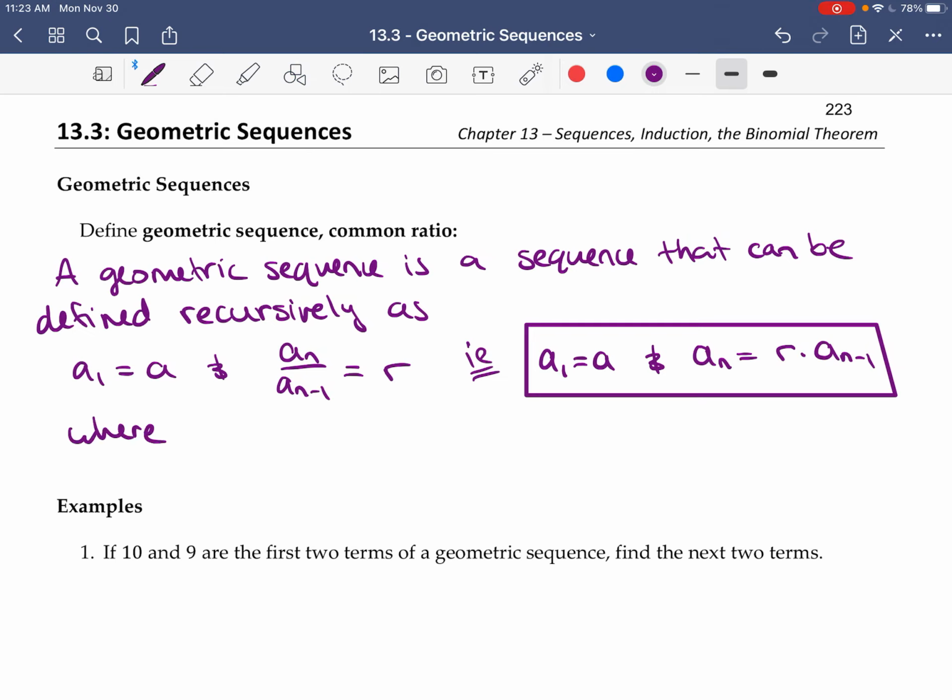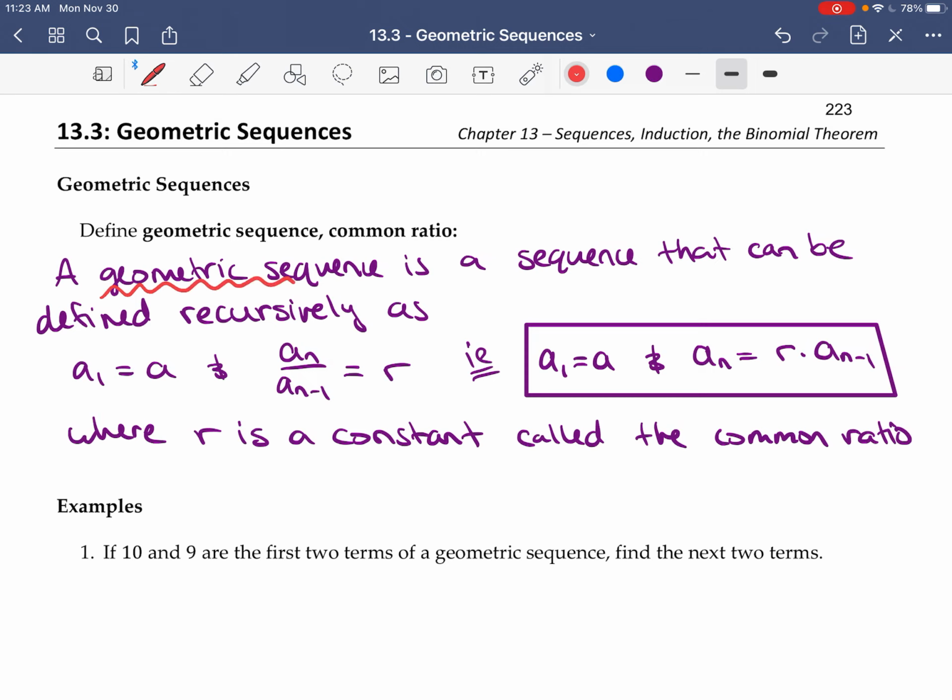The reason for the first way is that R is a constant, so we call R the common ratio. If I take the ratio of two consecutive terms, I get some constant R, which is the common ratio.